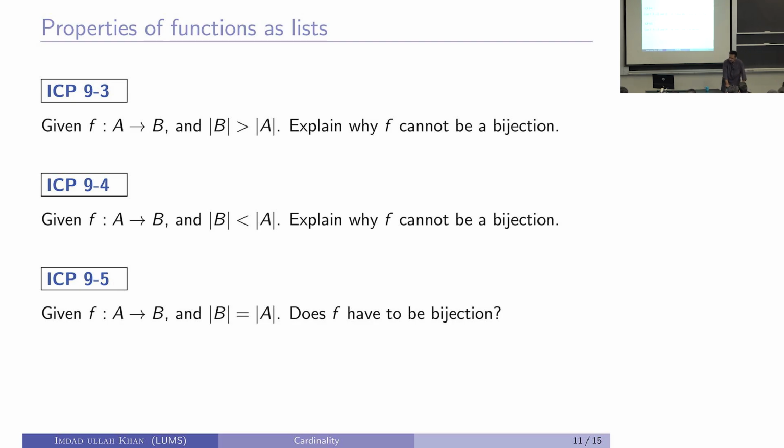Actually, we repeated these questions, but I just want you to write a brief sentence or a brief word about it. Suppose there is a function from a to b and the cardinality of b is bigger than the cardinality of a, right. Can there be a bijective function? Can the function be a bijection? Why not?